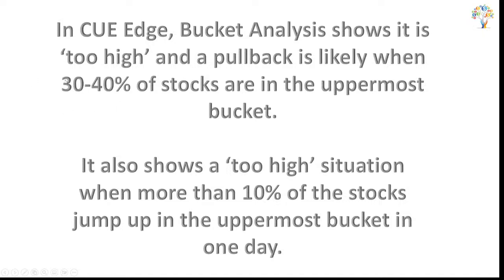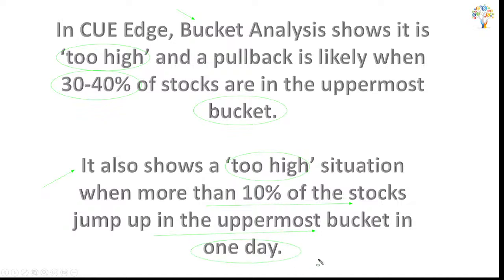Let's look at some other non-technical dimensions. In Q Edge, bucket analysis shows it is too high and a pullback is likely when 30 to 40% of stocks are at the uppermost bucket. Another way bucket analysis in Q helps to show a too-high situation is when more than 10% of the stocks jump up into the uppermost bucket in one day.